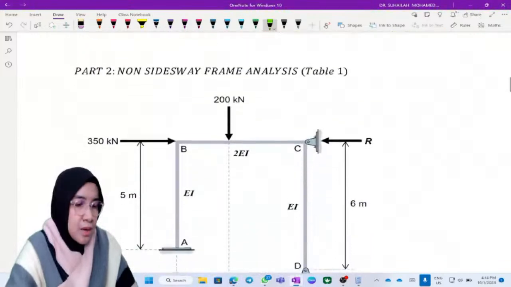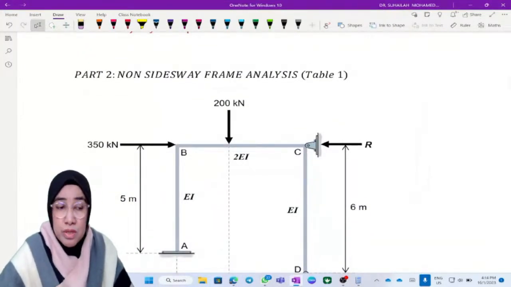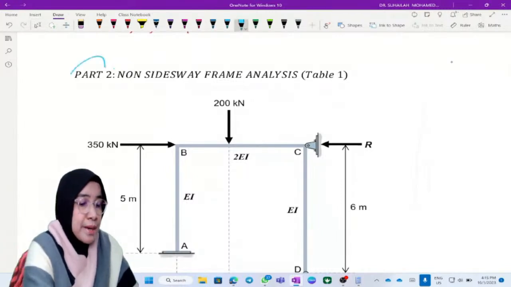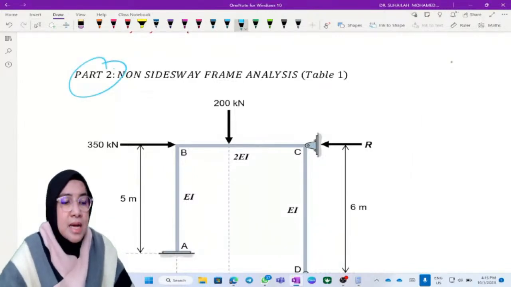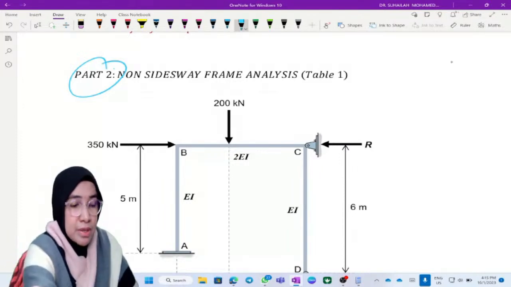Okay, now we move to the second procedure, part number 2, called the non-sidesway frame or non-sway frame. Doesn't matter, both can be used.